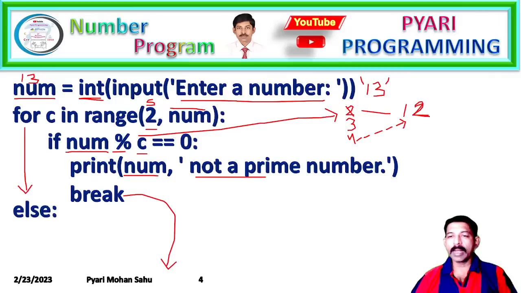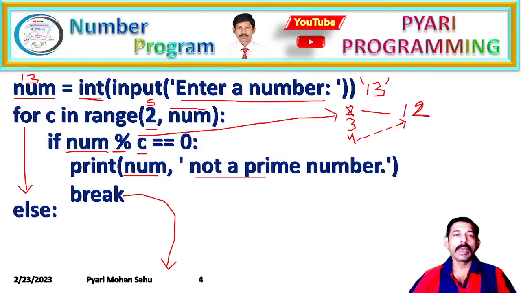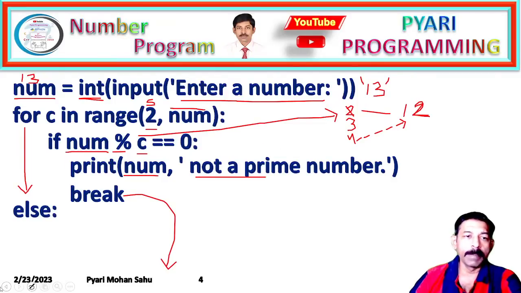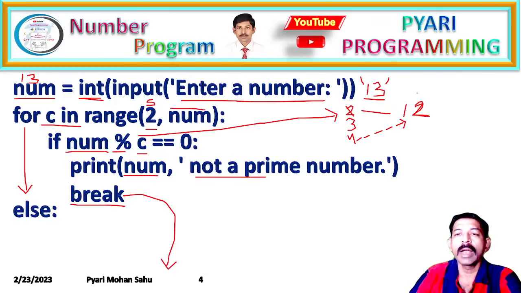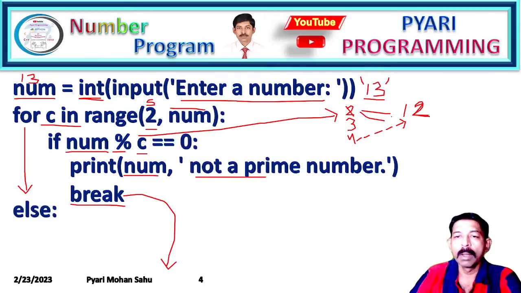Okay, so what exactly is happening when I'm using a break statement? That means the loop is terminated prior to its condition becoming false. Suppose the number is 13. Normally the loop should iterate from 2 to 12. But when I'm using break, what happens?